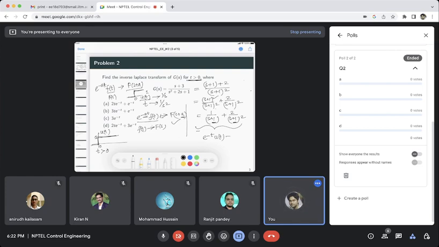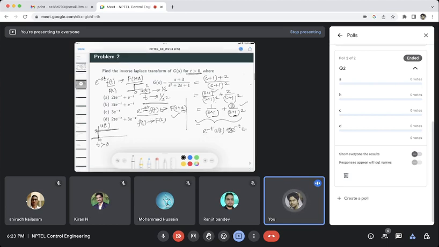The function will be t again shifted by 1, so it will be t times e to the power minus t, and the coefficient 2 makes it 2 times this. Because u of t is 1, I can write it as 2 t e to the power minus t plus e to the power minus t. Okay, this expression is the first one.